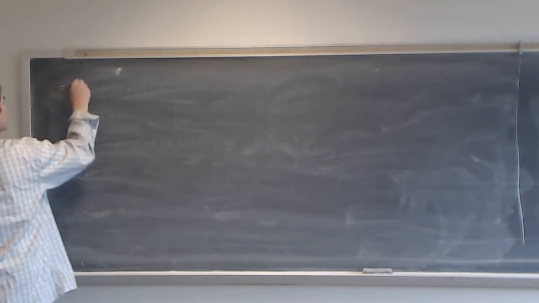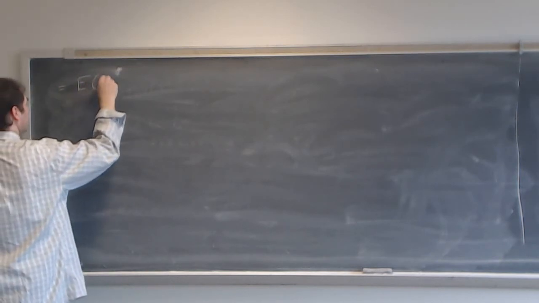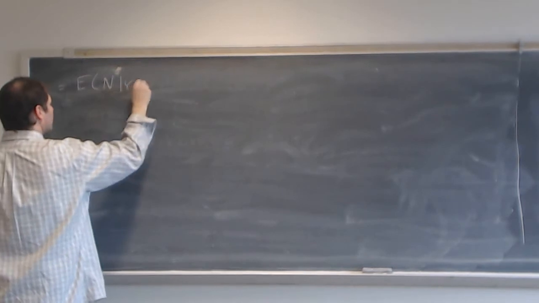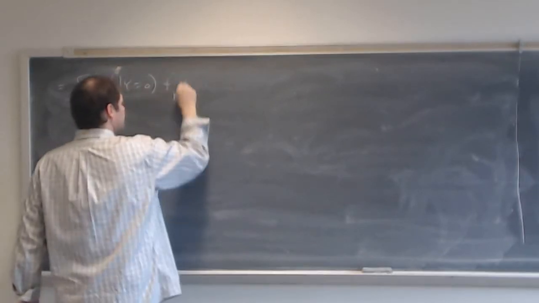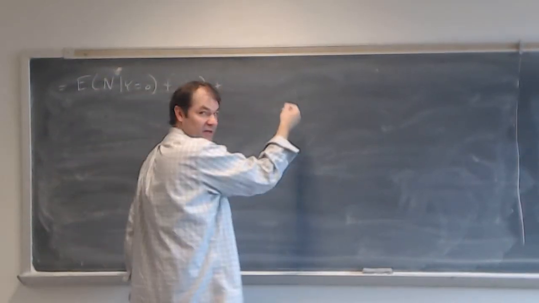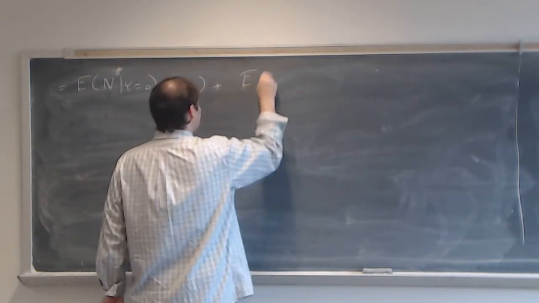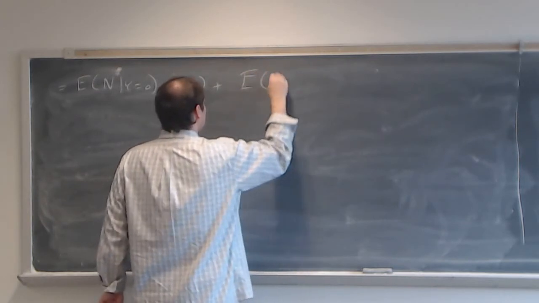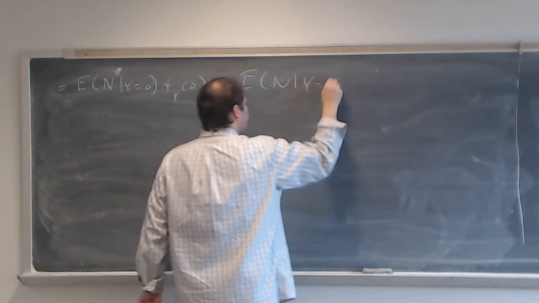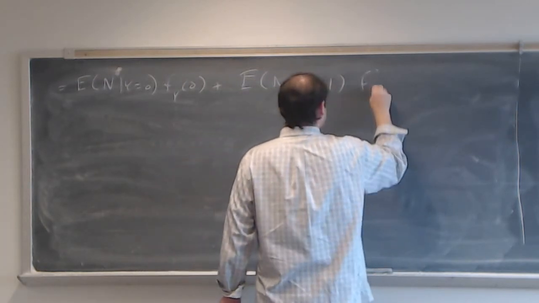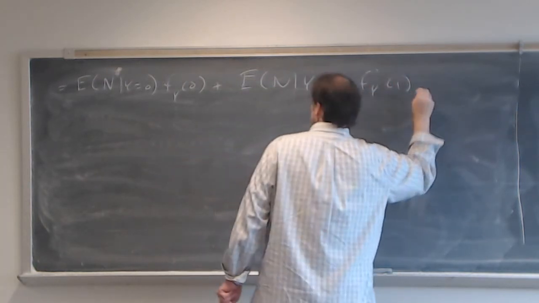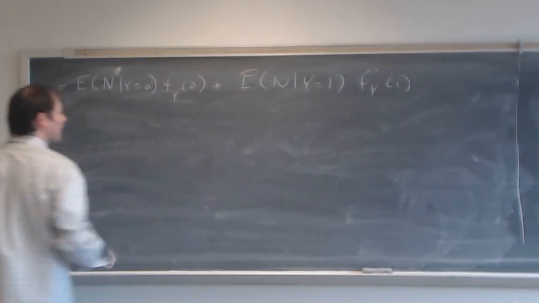That's the expected value of n given Y equal to 0 times the probability that Y is equal to 0, plus the expected value of n given Y equal to 1 times f sub Y of 1.